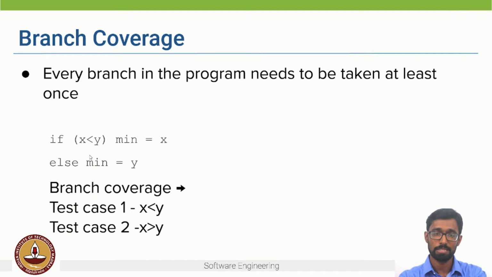So test case 1 is when this evaluates to true, which is take a pair where x is less than y, and the other test case is when this evaluates to false, where x is greater than or equal to y. So choose one pair of x and y such that x is greater than or equal to y. This is one way in which we can achieve branch coverage.